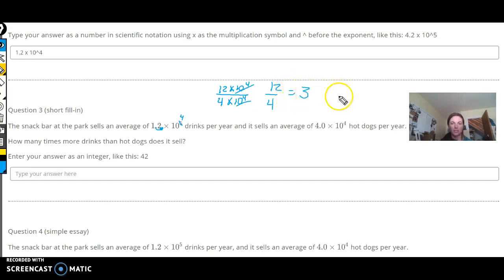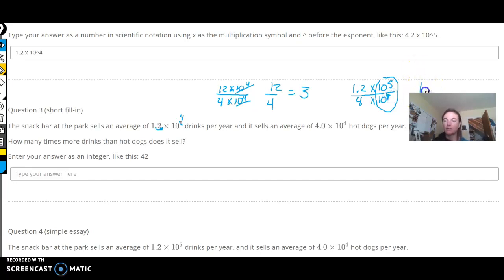Another way to do this is going to end up being very similar. We can simply say, let's take that 1.2 times 10 to the 5th and that 4 times 10 to the 4th, and do a division problem. Let's first just tackle these. We know that the bases are the same, so we can subtract the exponents.